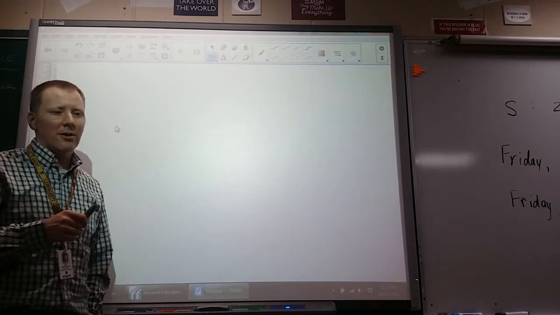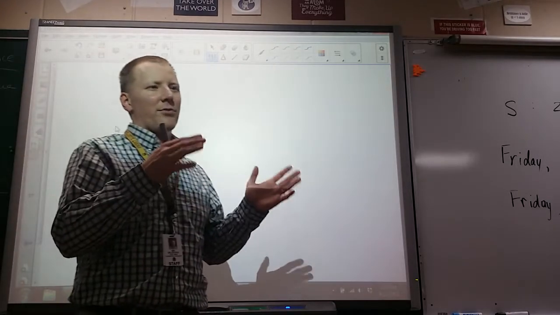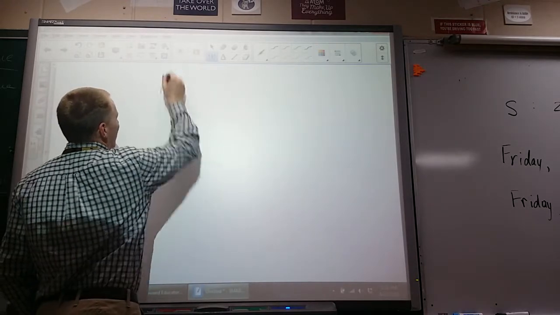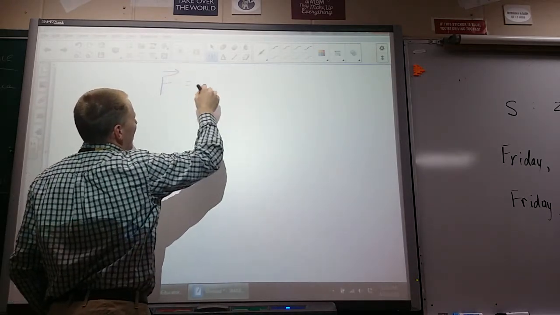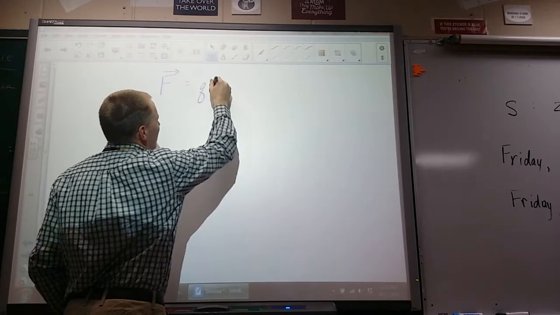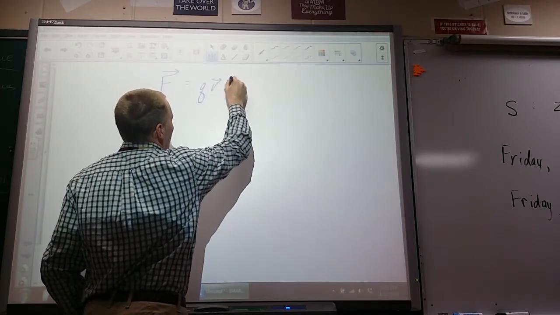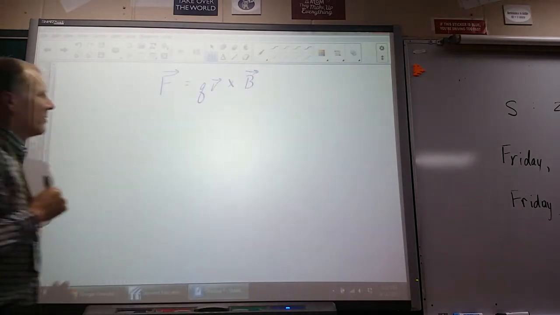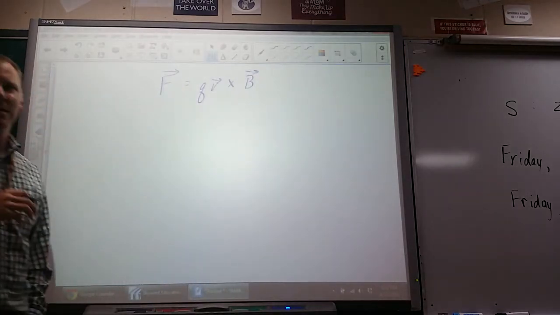I want to start, though, tying this together with what we had looked at before, because we have already looked at how much force is applied to a charge moving in a magnetic field, which is qv cross B, is how we'd read that.